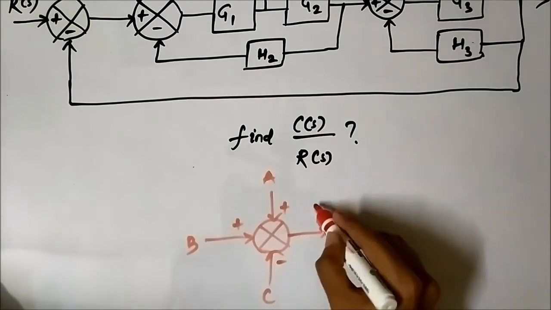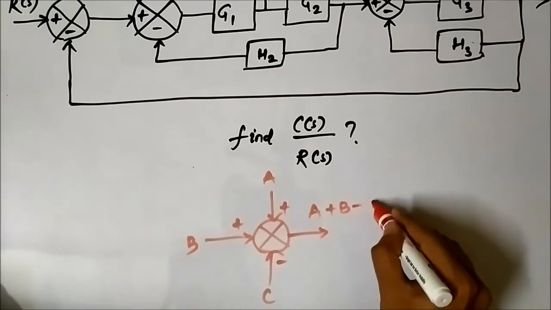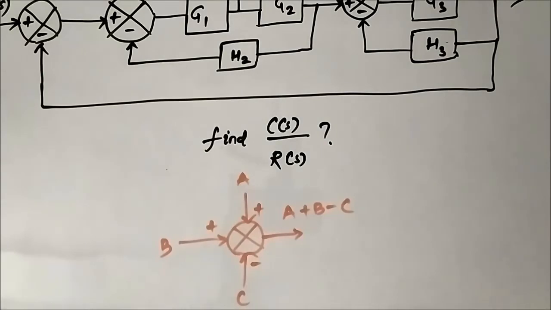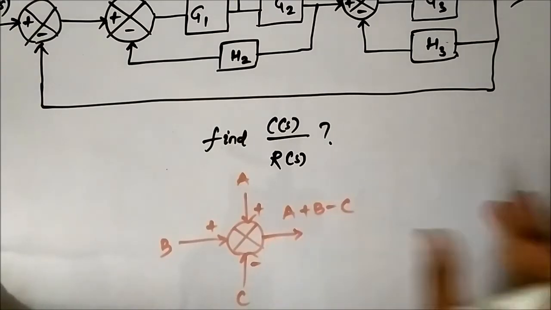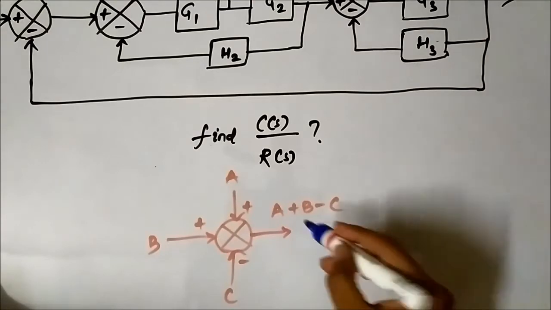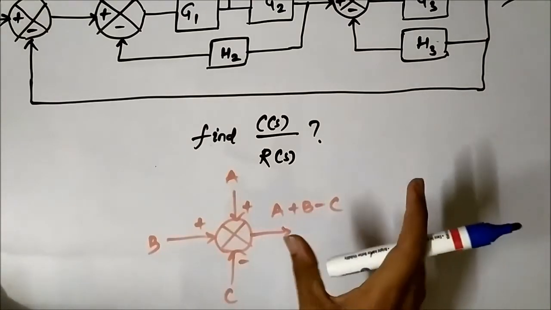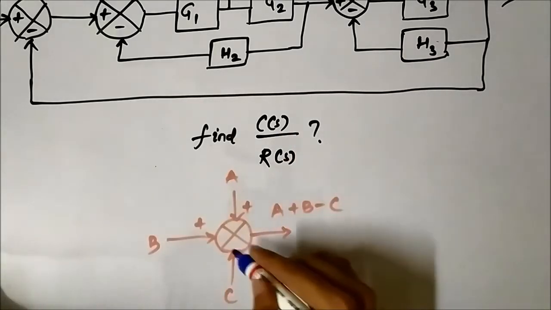The output is A plus B minus C. Now we have to split this summer in such a way that this output remains intact. This output value we cannot change. We have to redesign it so that we still get the same output, A plus B minus C. Any change in the output means the splitting is wrong.